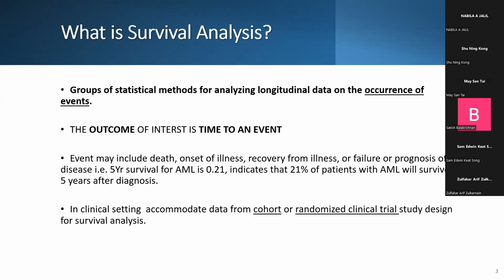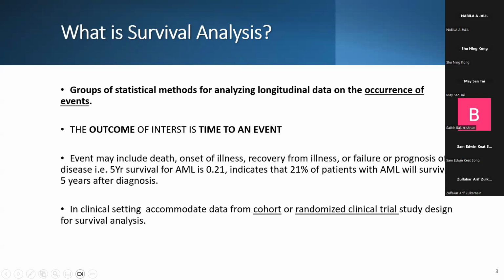Event means life or death. It is an outcome of interest, and we are looking at time to event. We are not looking at a cross-sectional study, how many die, how many survive. We are looking at the time. So you want to look at 5-year survival, 5-year occurrence of event, or 10 years.